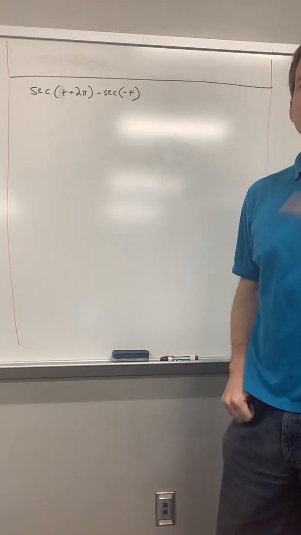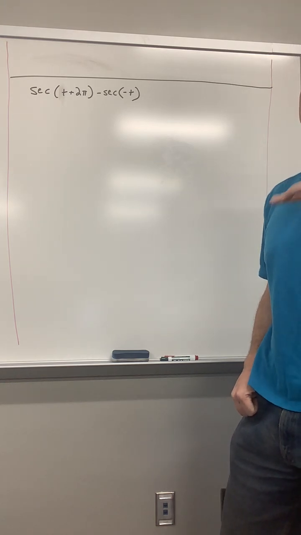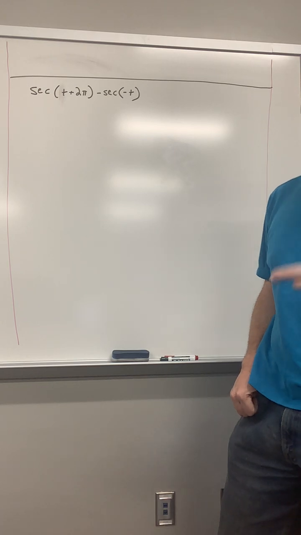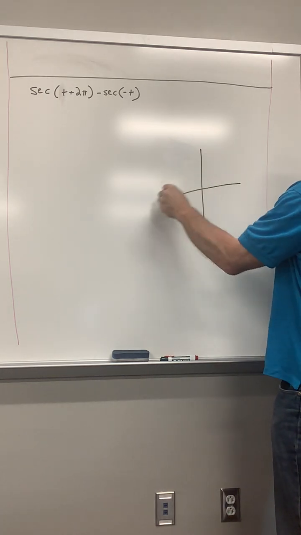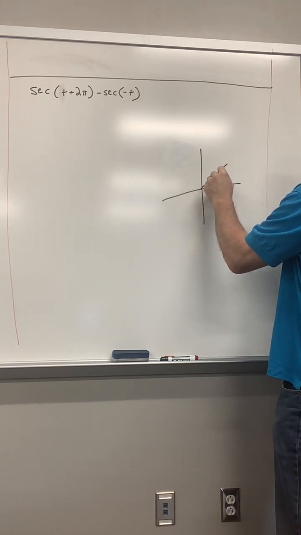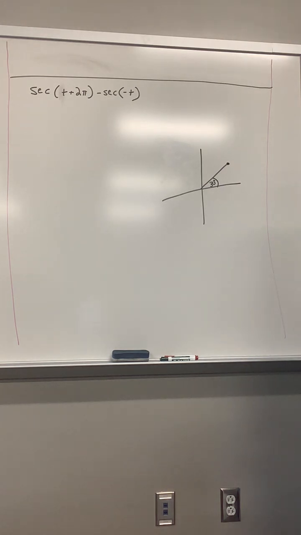I know that the secant function, secant's reciprocal of cosine, and the period of cosine is 2 pi, which means the period of secant is 2 pi. And we know that means the idea is, say, if I have a 30-degree angle right here, I get that point right there, and that tells me my secant.